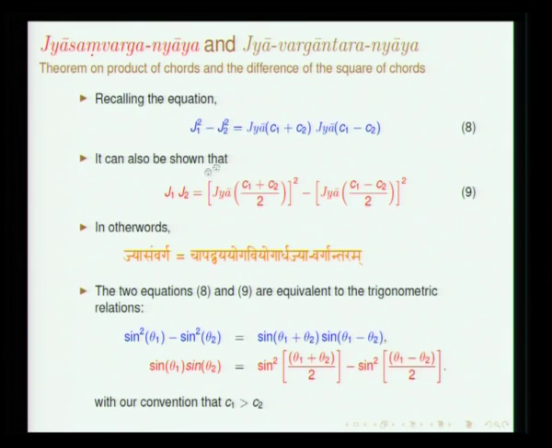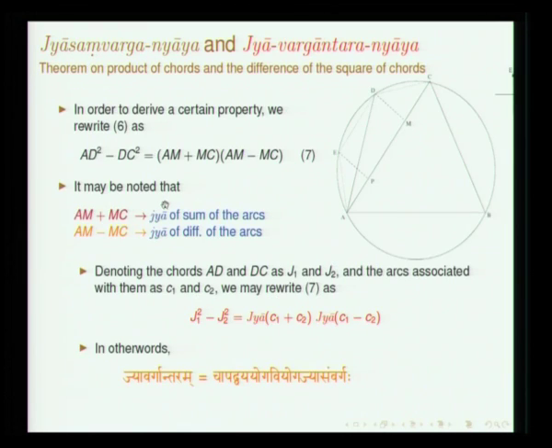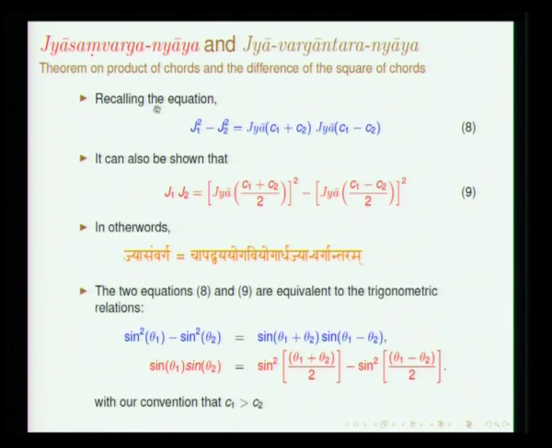There is another result which can also be shown. The previous result has to do with the jya varga, the jya vargantara. This result is the jya samvarga, the product of two jyas.